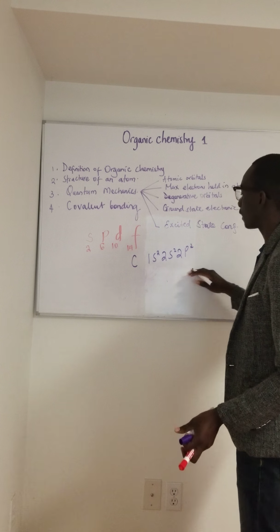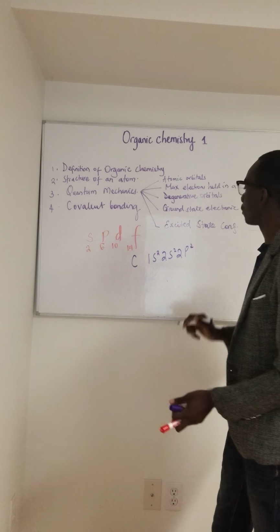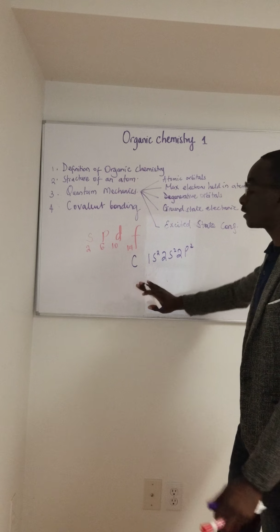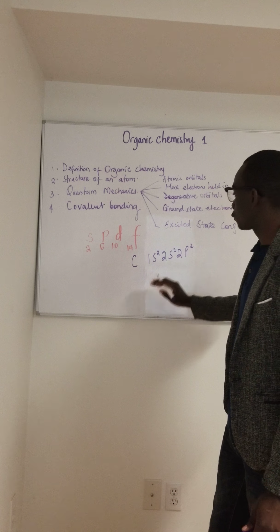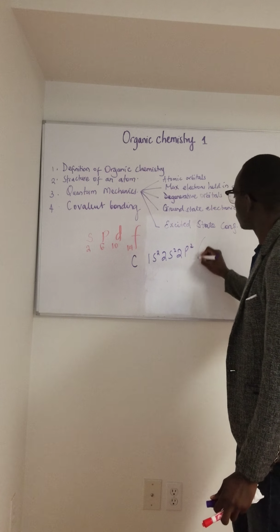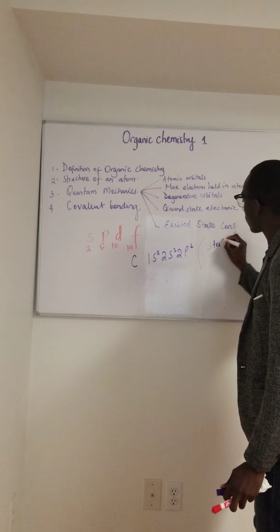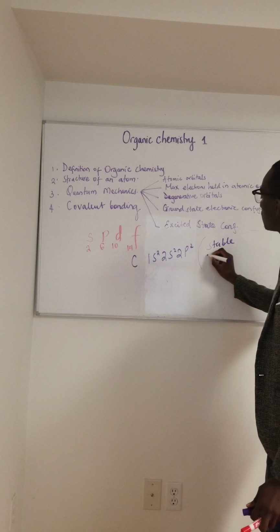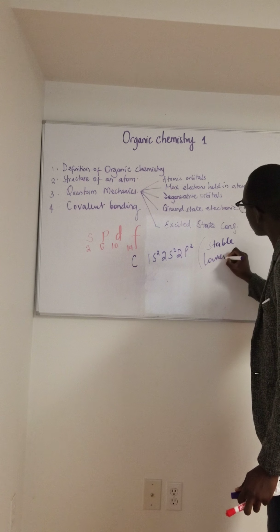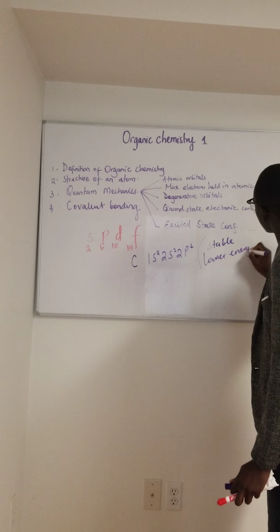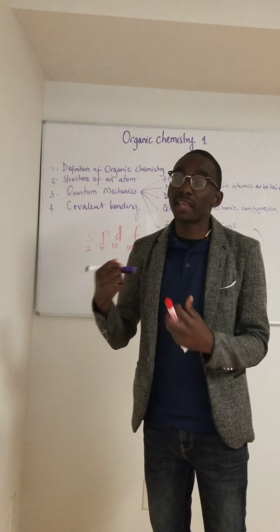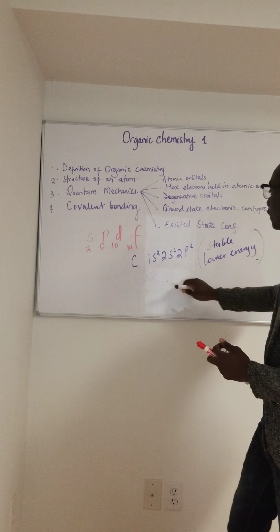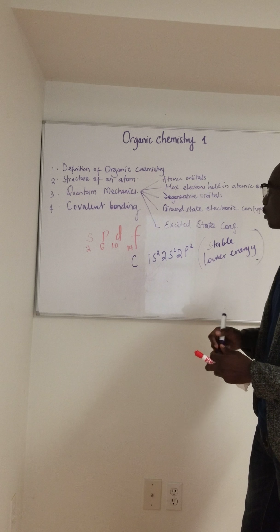So now this is the ground state electronic configuration of carbon when it's stable at a low energy. So when an element is said to be stable in chemistry or organic chemistry, it means that it has a low energy. So stability does not mean you have high energy, but it means you have low energy. So at this state, carbon has a low energy.